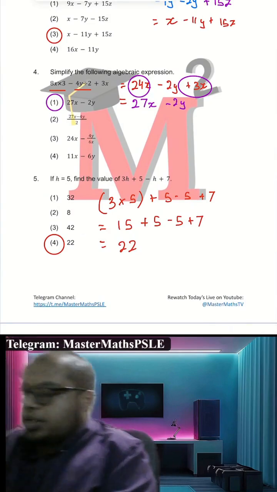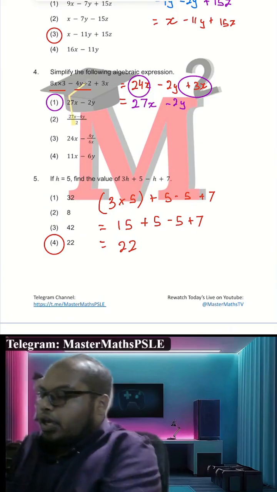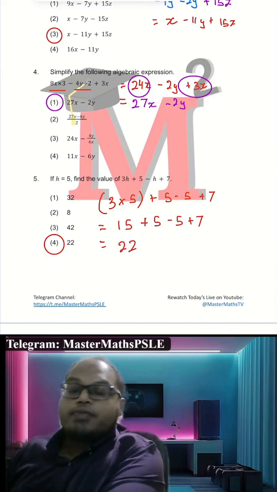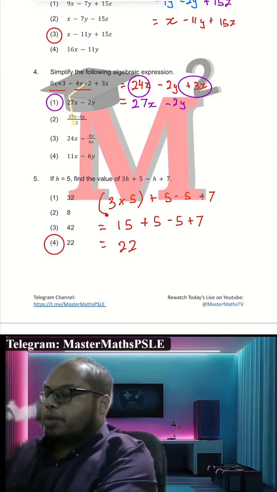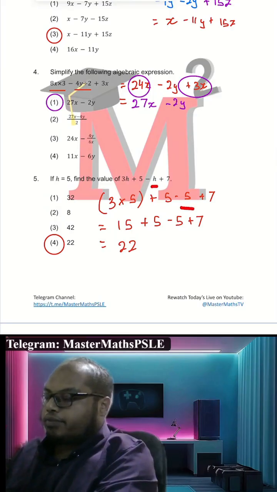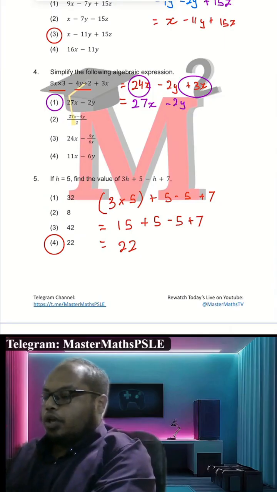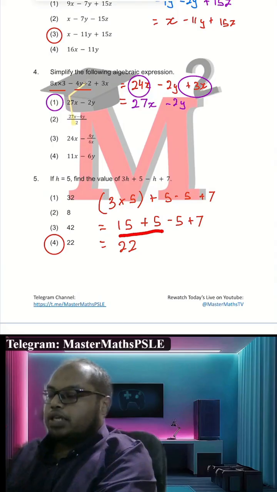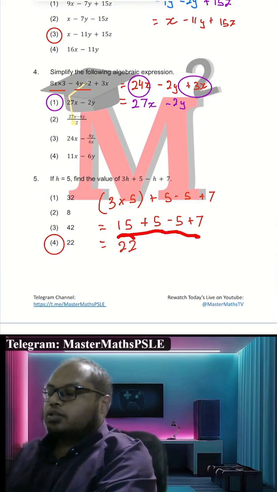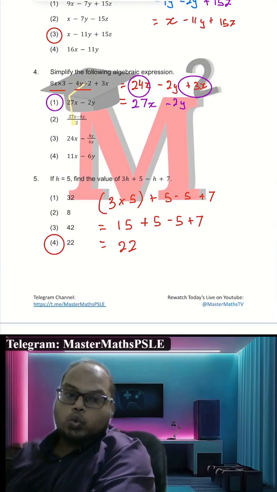And the one where h equals 5, 3h, like I say, is 3 times 5. So 3 times 5 plus 5 minus h is minus 5 plus 7. So 15 plus 5 is 20. 20 minus 5 is 15, plus 5 plus 7 is 22.